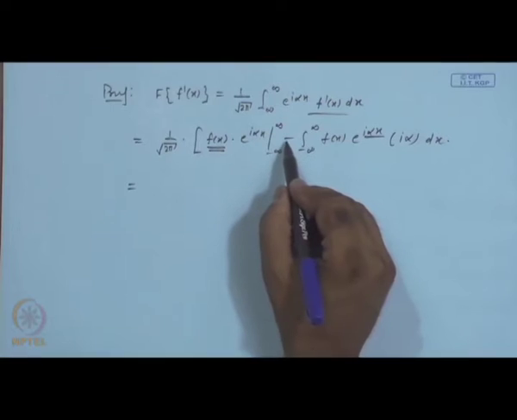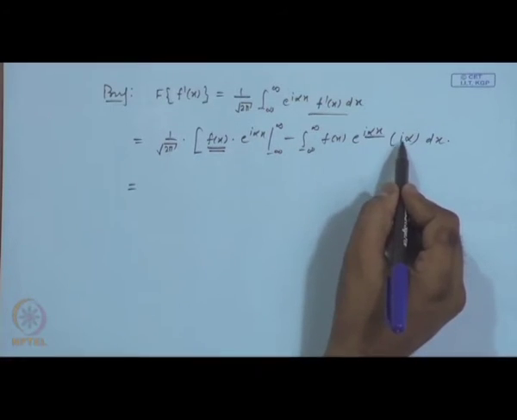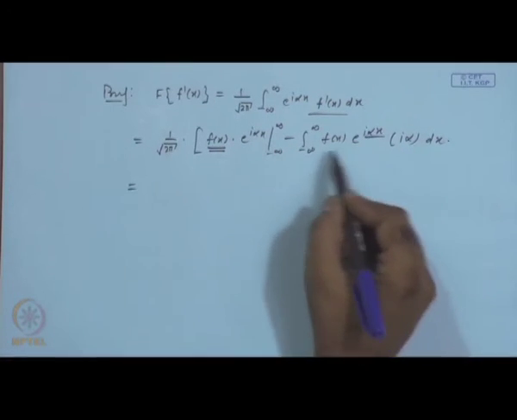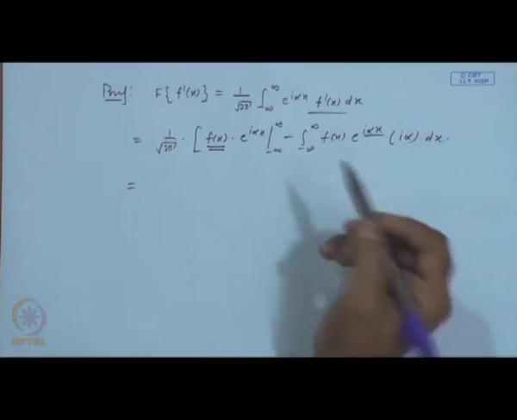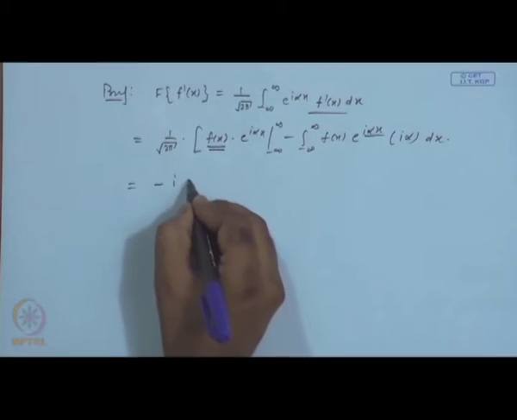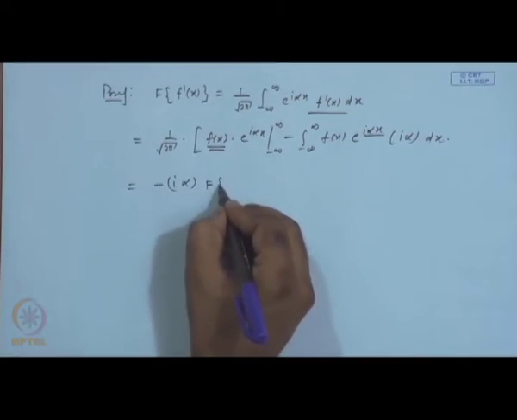Then we have minus i alpha times 1 over square root 2 pi, integral of f(x) e^{i alpha x} dx, which is the Fourier transform of f.